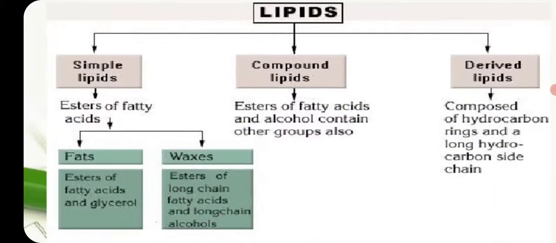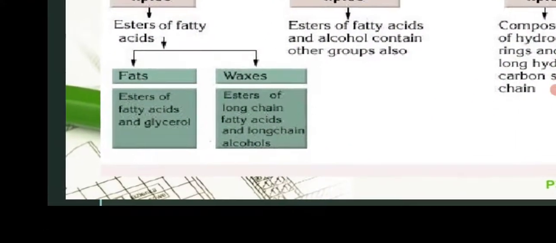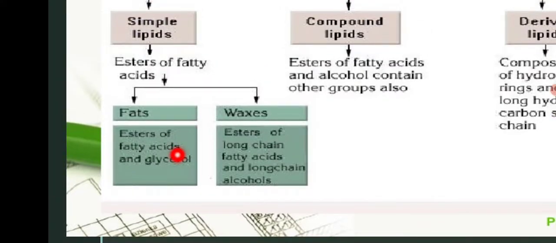So fats, which come under the group of simple lipids, are made up of fatty acids and glycerol. Or we can say fatty acid and alcohol, and alcohol is present in the form of glycerol. That is about the fats.